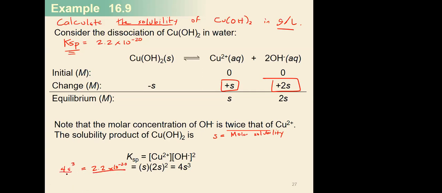You divide both sides by 4 and get the cube root. And S is equal to what? Please do the calculation. It comes out to 1.77 times 10 to the negative 7.